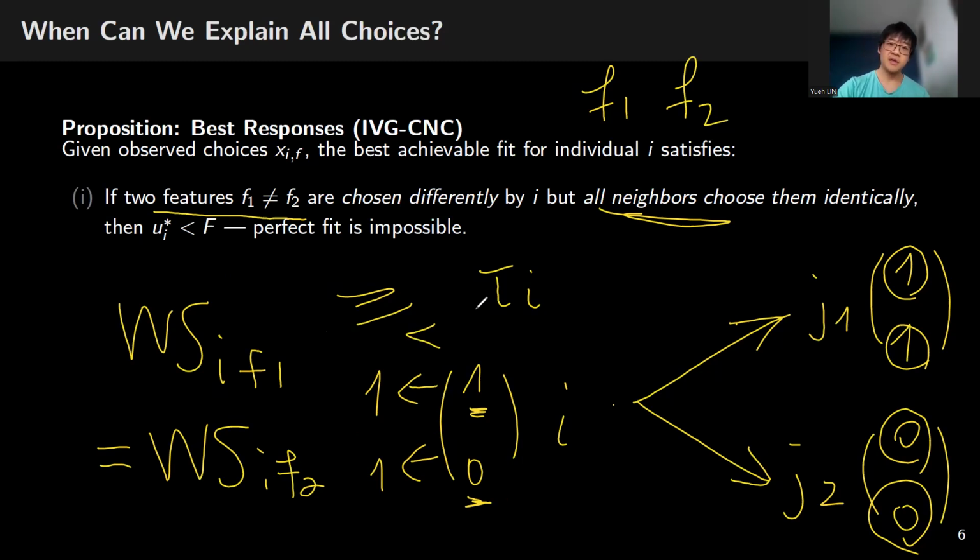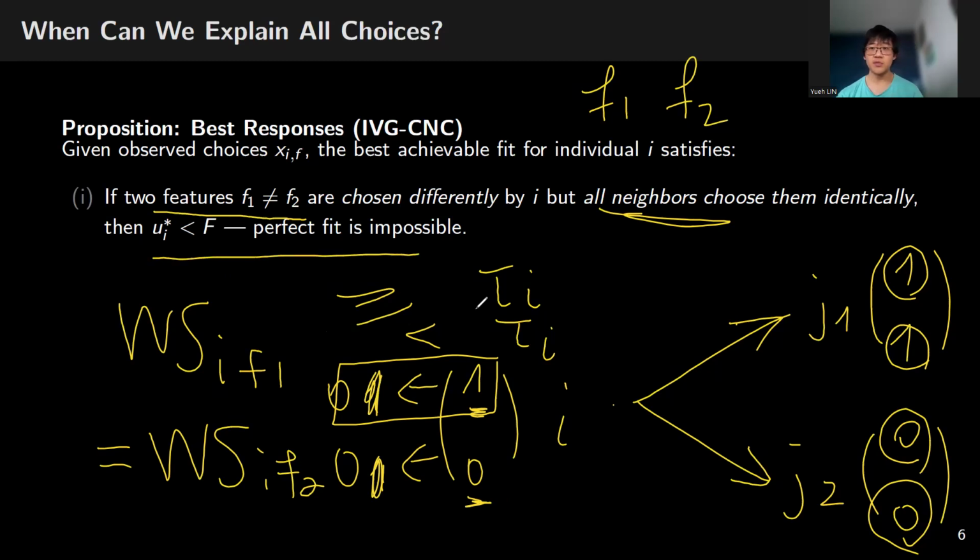And on the other hand, if I choose a threshold smaller than the weighted sum, then both suggest voting 0. In this case, the first feature will not be a perfect social welfare solution, meaning that the perfect fit is impossible. So whenever this situation happens, we know for sure that the ultimate social welfare solution cannot be perfect. Equals F means every feature is satisfying this criteria.